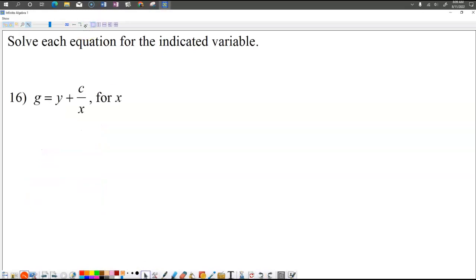All right, next one, number 16. This one looks pretty similar, but it's actually a little bit different, and you'll see why in a moment. So I want to get x by itself. Now the problem is that x is in the denominator, and I'll show you how we handle that. So the first thing we're going to do is get rid of this y.